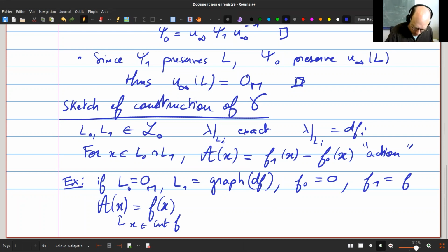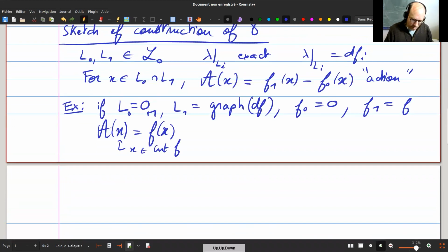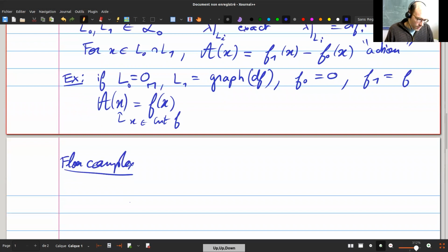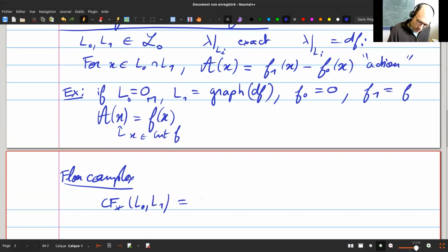Okay. Now there's something called the Floer complex, which is abstractly defined as a vector space formally generated by the intersection points.